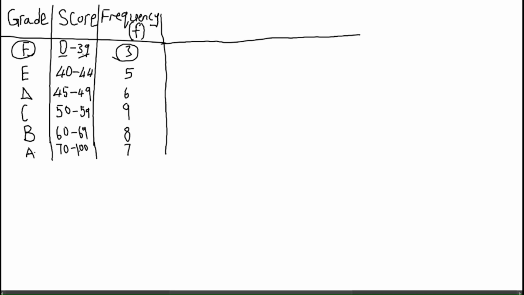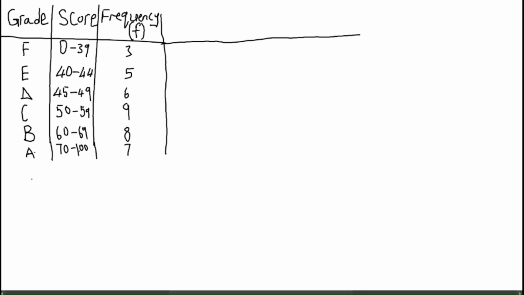They could score 39, one of them could score 25, the other might score 0. We don't know exactly. 5 students had an E, that is, they had a score between 40 to 44.